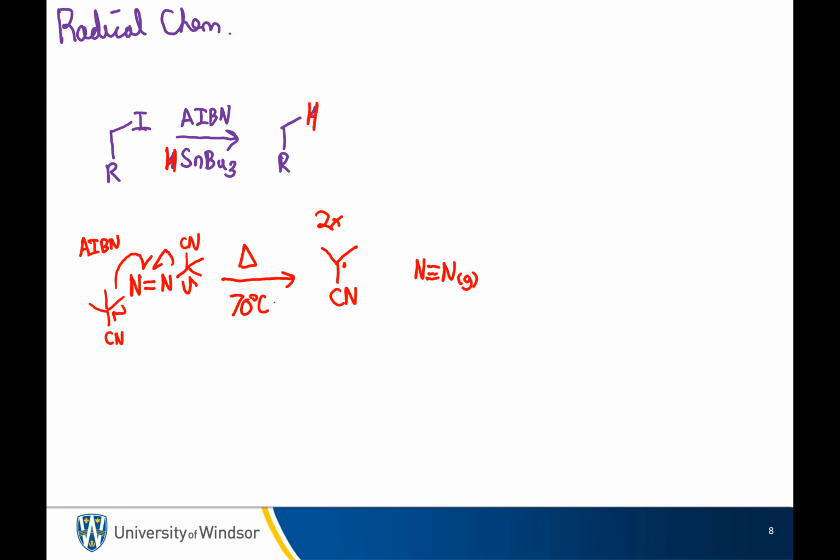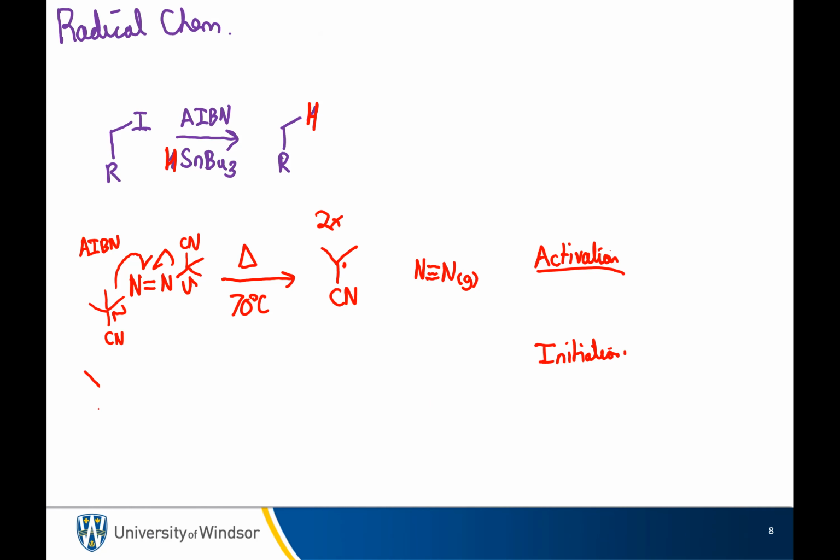What can that do? So again, if you remember radical chemistry, I think all of you have taken probably this stuff. This would be your activation step in your radical mechanism. We will then have an initiation step. Initiation is when we generate a radical that is involved in propagation, which is the next step.